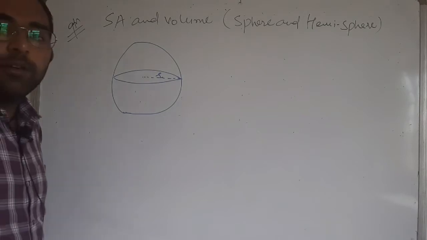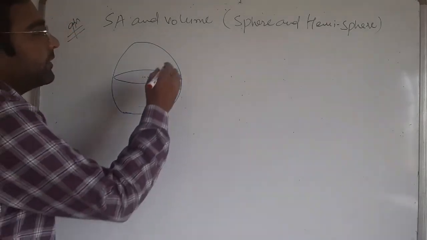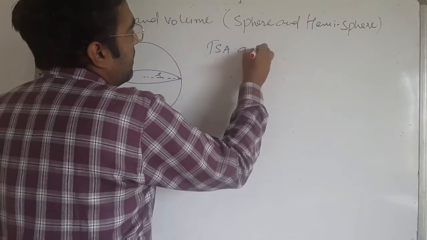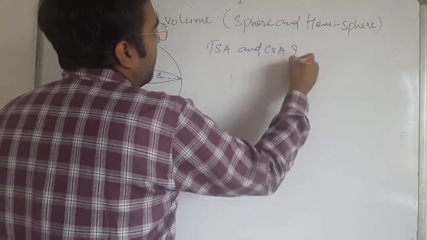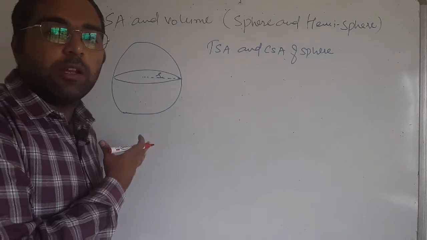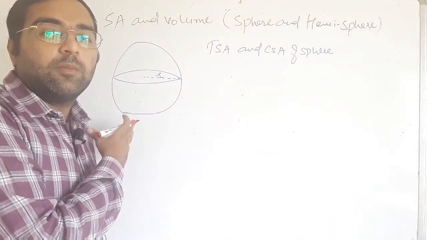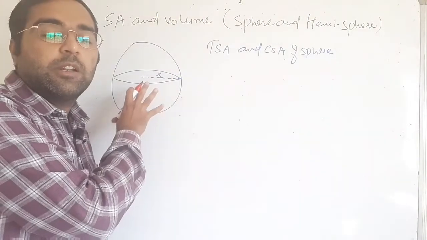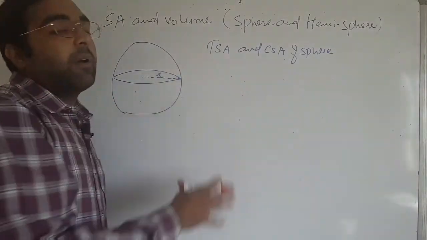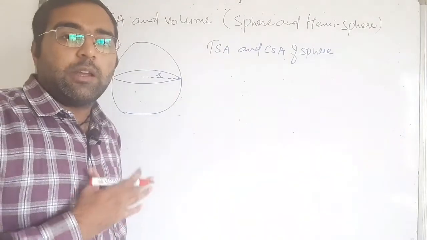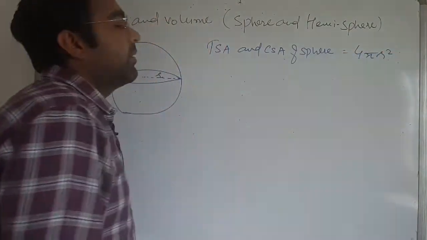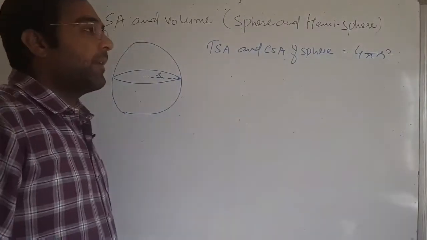Now, for the sphere, the total surface area and the curved surface area are equal, because in this sphere there are no edges. There is only one type of surface, the curved surface. So the total surface area and curved surface area of the sphere is 4 pi r square.